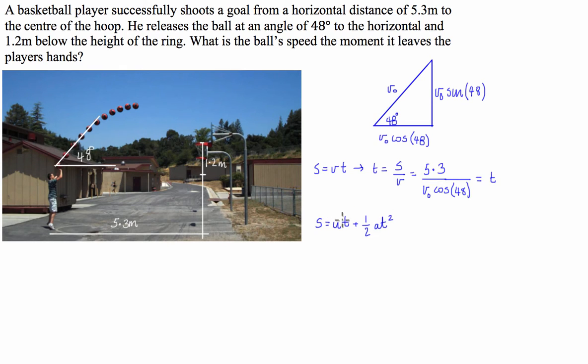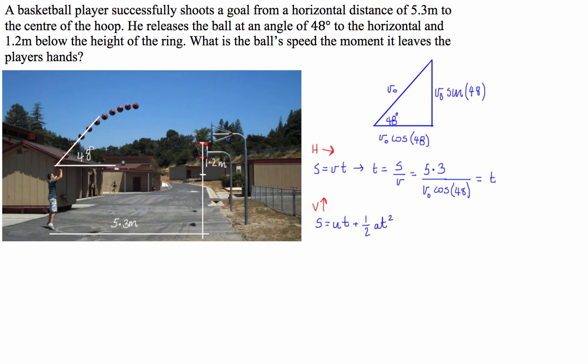Now u is our initial velocity. Let me just write this down for you. This here was in our horizontal direction, and this is going to be the vertical component.